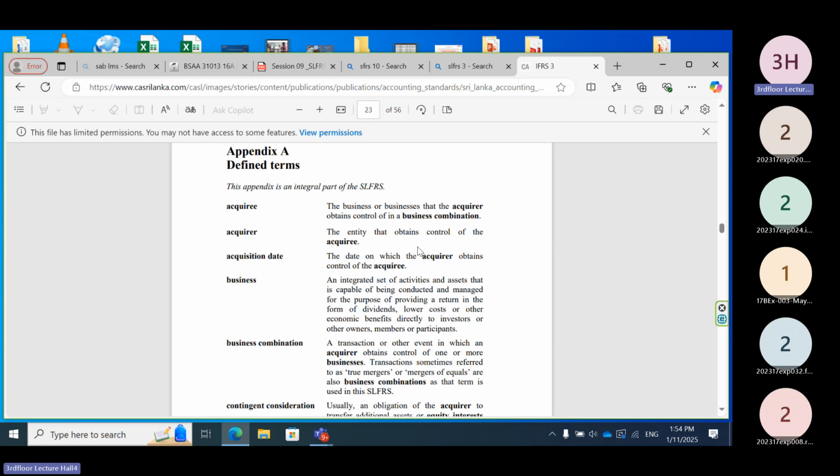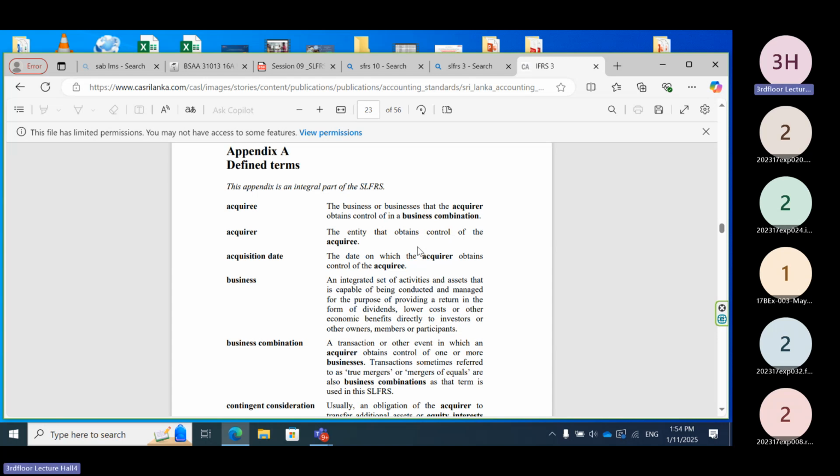So then goodwill. Goodwill generated from business combination. You can calculate two sets of goodwill for a company. According to the standard, you have two options.